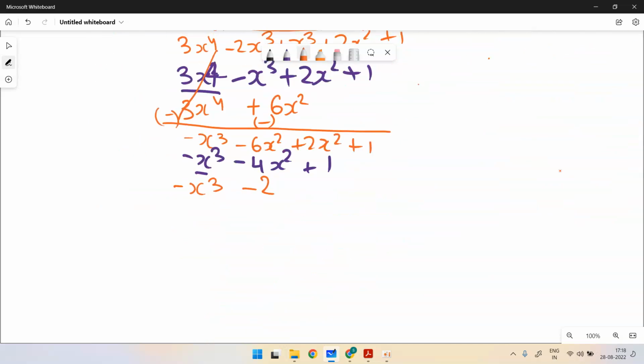2. If you subtract, this will get cancelled, this will become plus, and this will be plus, cancel, and minus of 4x square plus 2 plus 1.